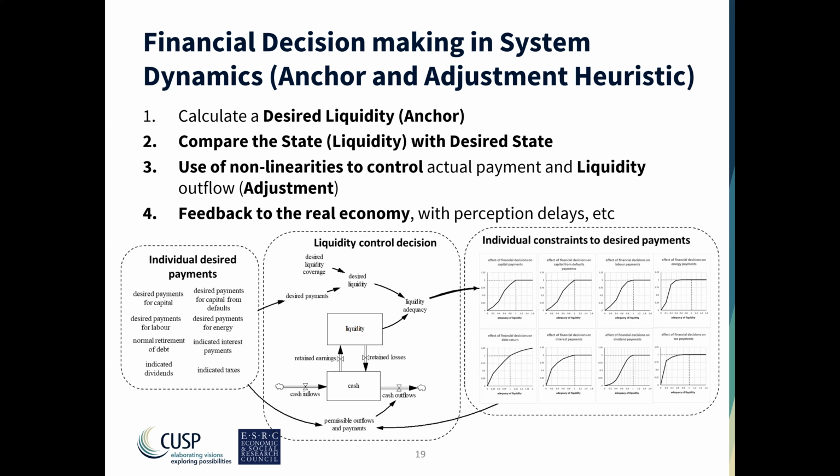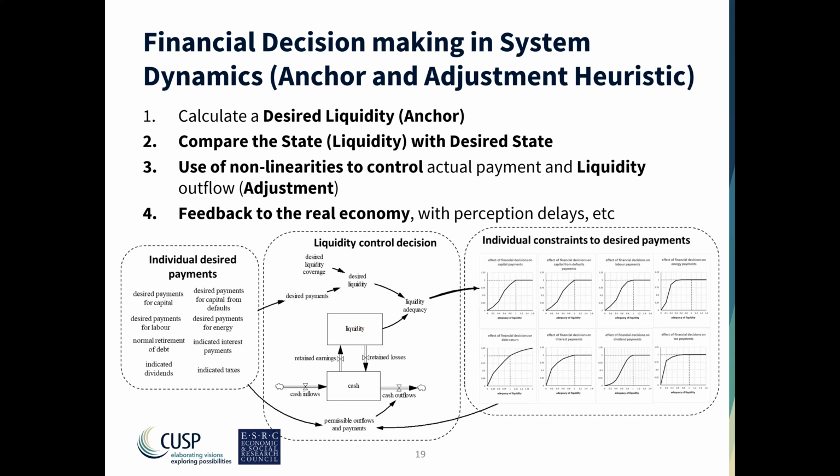That's what we call an anchor and adjustment heuristic. The model will anchor to the desired liquidity and generate an adjustment to control liquidity towards the desired liquidity. So what happens is that liquidity adequacy will become an input to all the nonlinear relationships that we find on the right, which will act as a multiplier for each individual payment, generating on the bottom side a sum of permissible outflows and payments, which will generate automatically the cash flows, controlling the amount of cash that can never go negative.